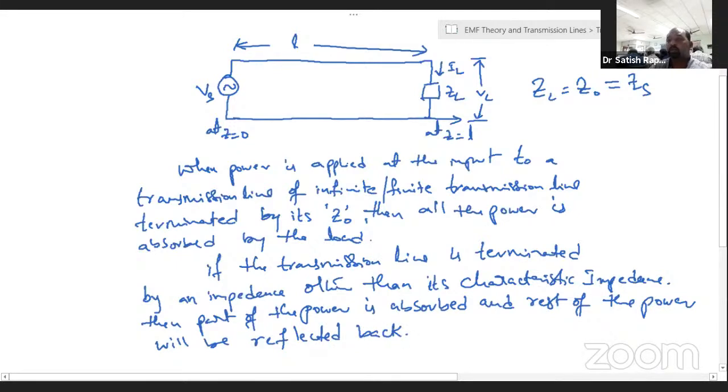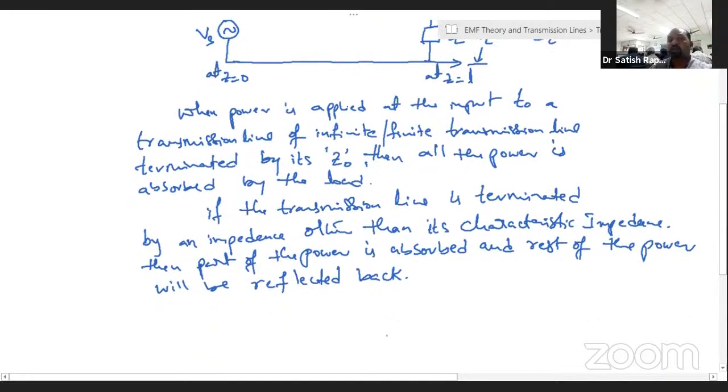So here I'm giving you two conditions. One is when the transmission line is terminated by its characteristic impedance, and the second condition is when the transmission line is terminated by an impedance other than its characteristic impedance. These are the two conditions here.